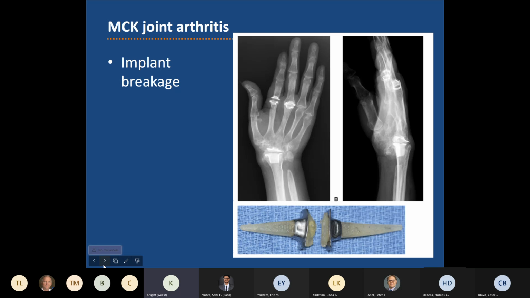The biggest issue with the silicone arthroplasty, you see the grommets here, so those are optional. I haven't seen them used very much. I don't typically use them, but certainly the biggest issue you have is implant breakage, and that's very high. It can be up to 60% after 3 to 5 years.